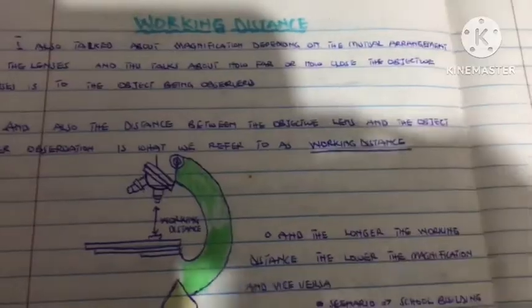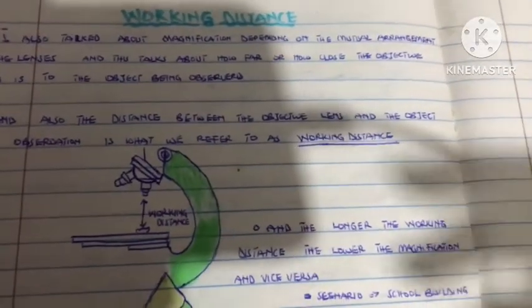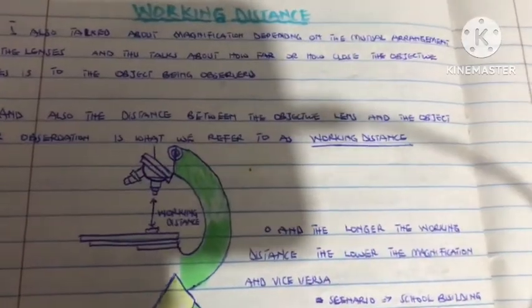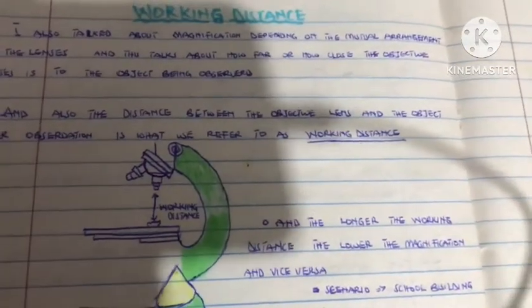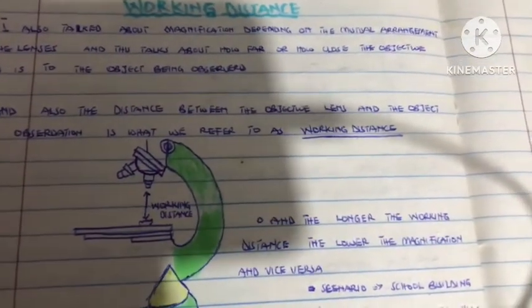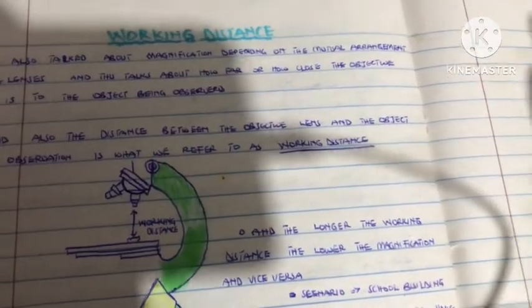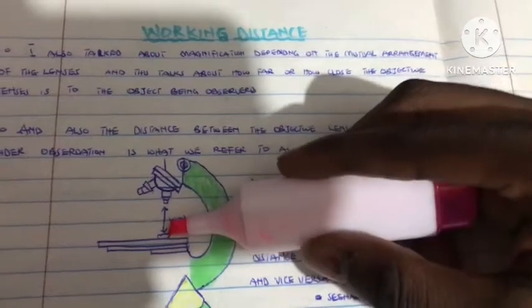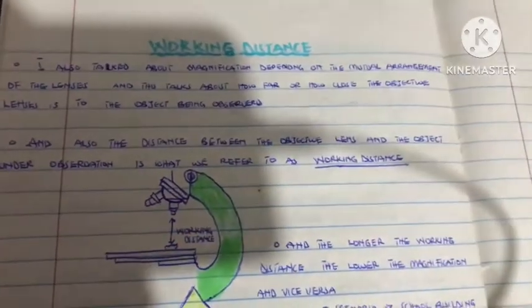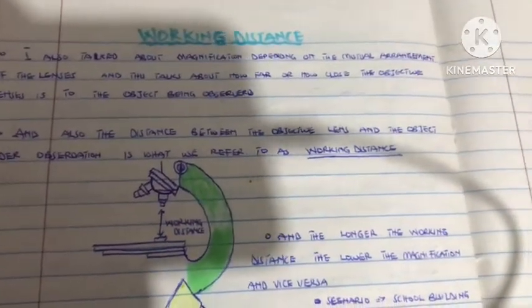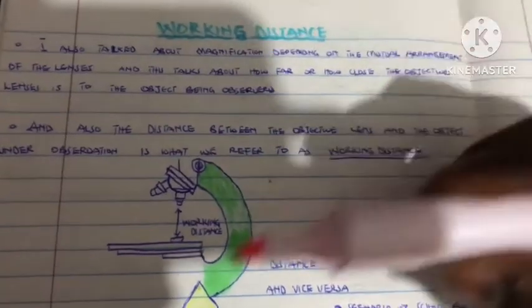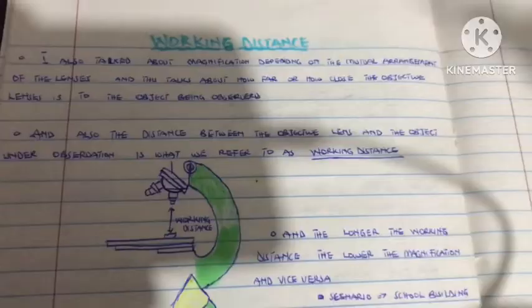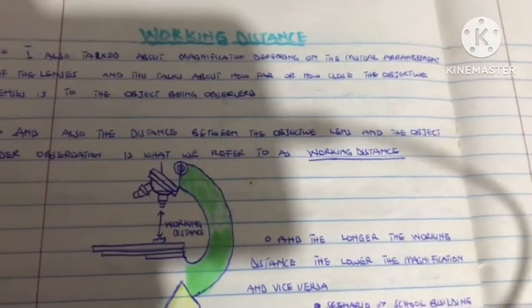And scientists are very brilliant in such a way that they've designed the objective lens in such a way that the one with the low power magnification is very short, meaning that when you are using it, the working distance will be long. You understand? And the one with the high power magnification is very long, meaning that when you are using it, the working distance will be short, and it will give you what? A high magnification. You understand?